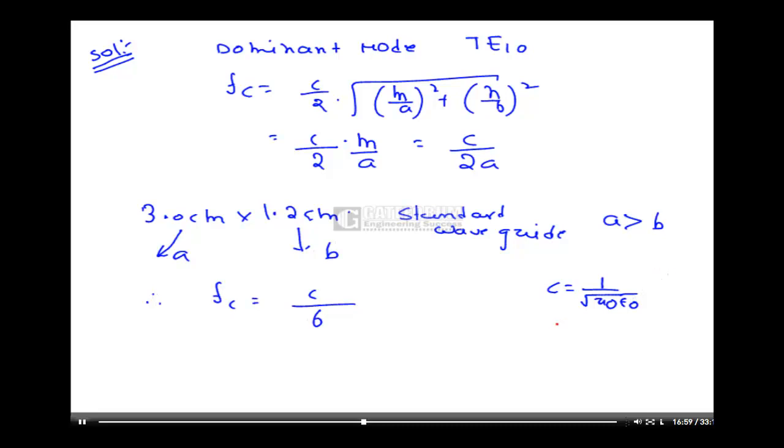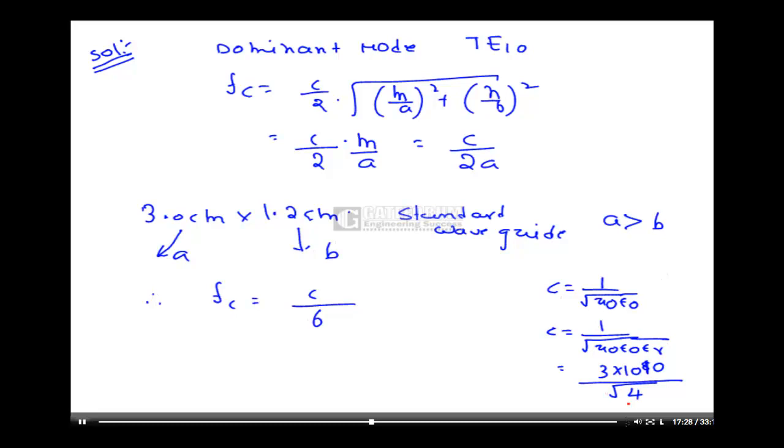So we have to consider that the value is not 3 into 10 power 8 meters per second. Now we have to consider 1 by the square root of mu naught epsilon naught and also epsilon r. So it will be 3 into 10 power 8 meters per second, or considering centimeters, 3 into 10 power 10 centimeters per second divided by the square root of epsilon r. Here epsilon r is 4, so the square root of 4.